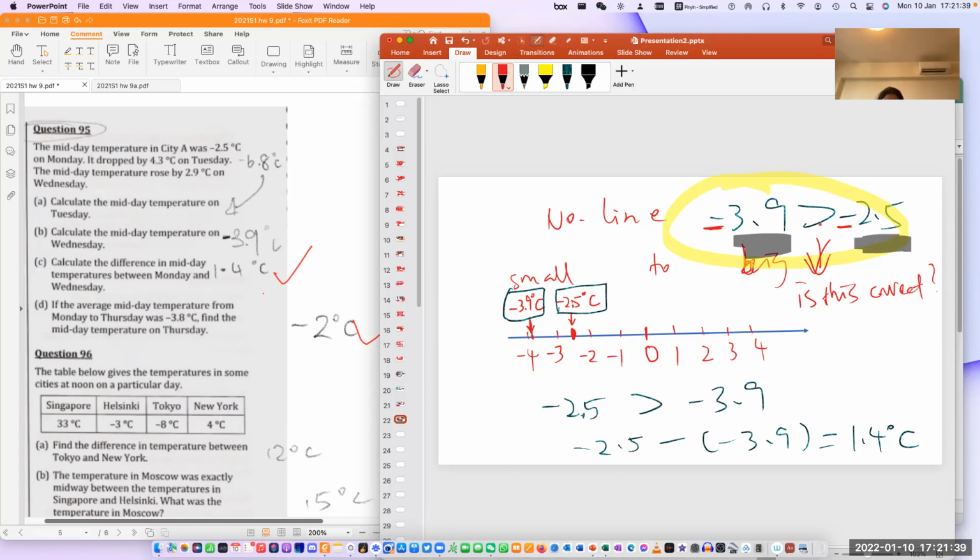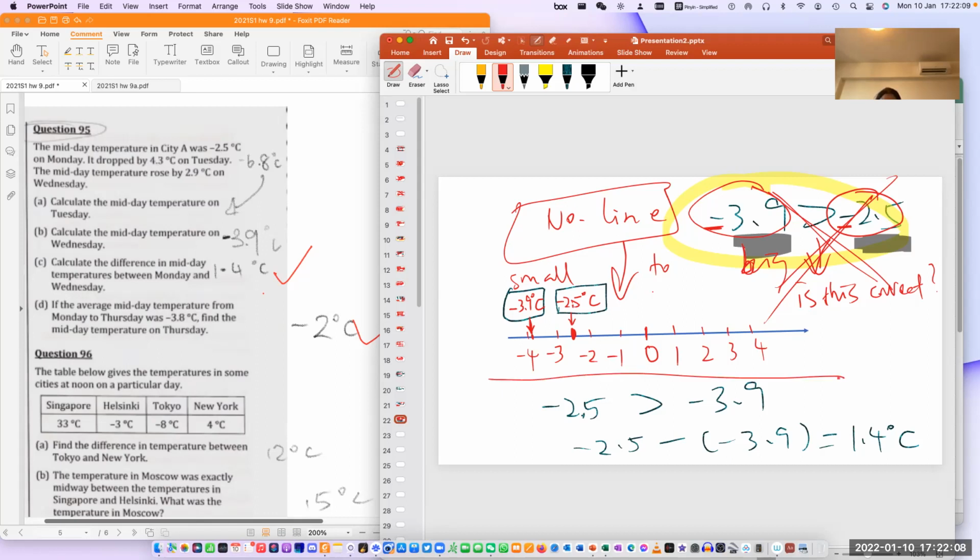So in order not to make this silly mistake, because sometimes I also make silly mistakes, it's better to use a number line. With this number line, you will not make silly mistakes like this. You will not be confused about which number is bigger than which number if you have drawn this number line.